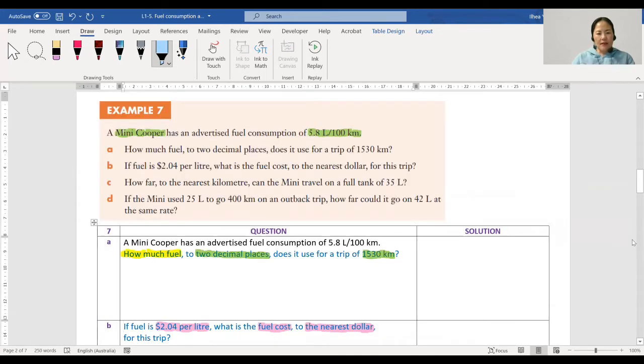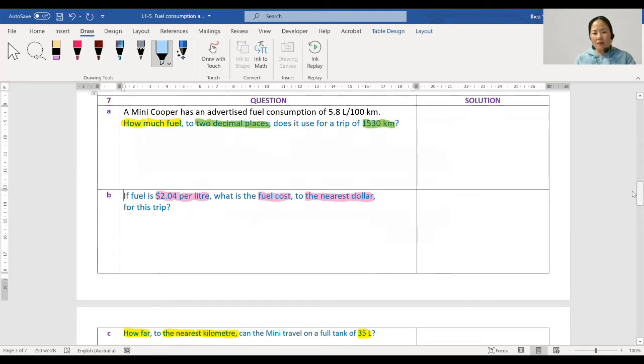Example 7. A Mini Cooper has an advertised fuel consumption of 5.8 liters per 100 kilometers. How much fuel, to 2 decimal places, does it use for a trip of 1,530 kilometers? Okay, so it's how much fuel, so we're talking about liters, isn't it?